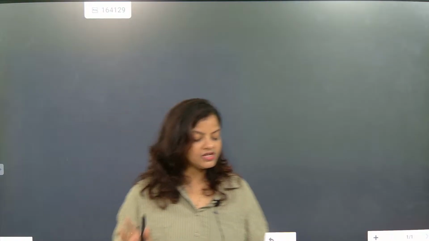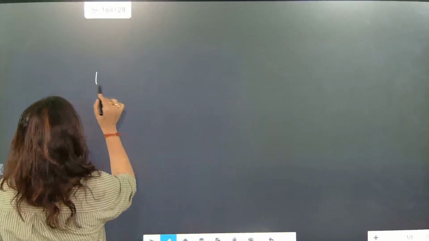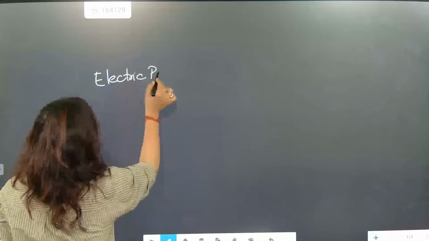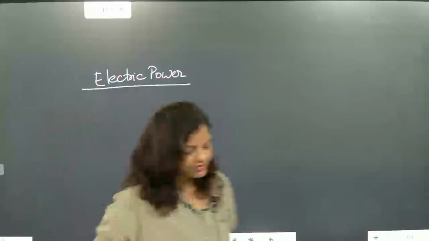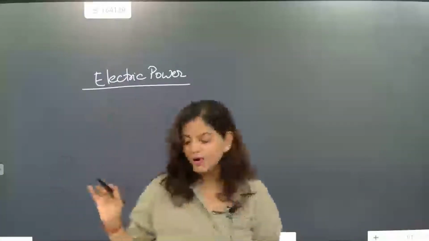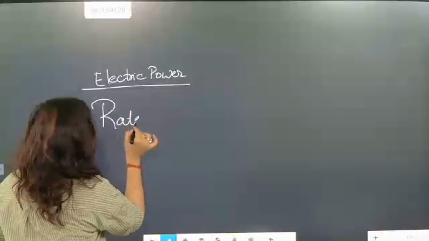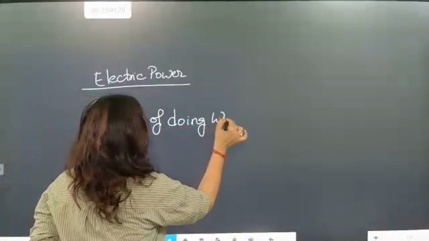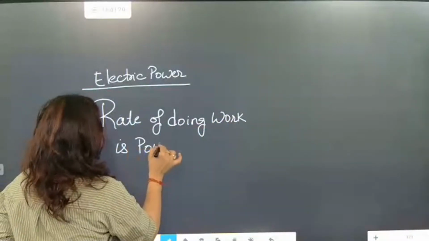So what is electric power? The rate of doing work. Write about electric power. If somebody asks you about electric power, the rate of doing work is called power. In a simple way, what are we going to write? Rate of doing work is power.